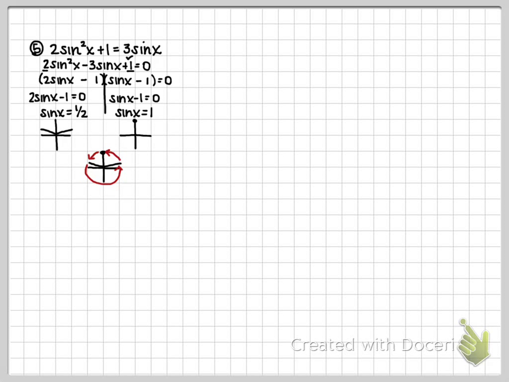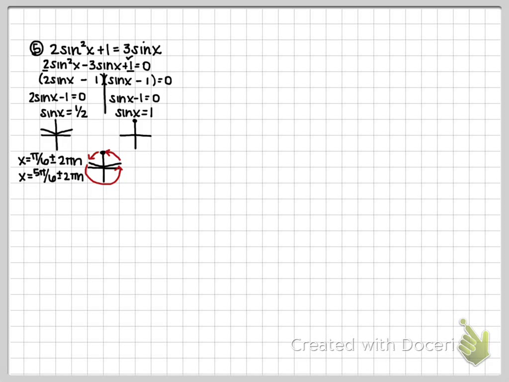So the one on the left-hand side, sine x is equal to 1/2. I know that I'm going to have x is equal to shallow triangles, those are pi over 6's, plus or minus, there's no wrapping these up, so I'm just going to do 2 pi n, whip it around the circle, bring it back to itself. Then this other one is just shy of pi, so 5 pi over 6 plus or minus 2 pi n.